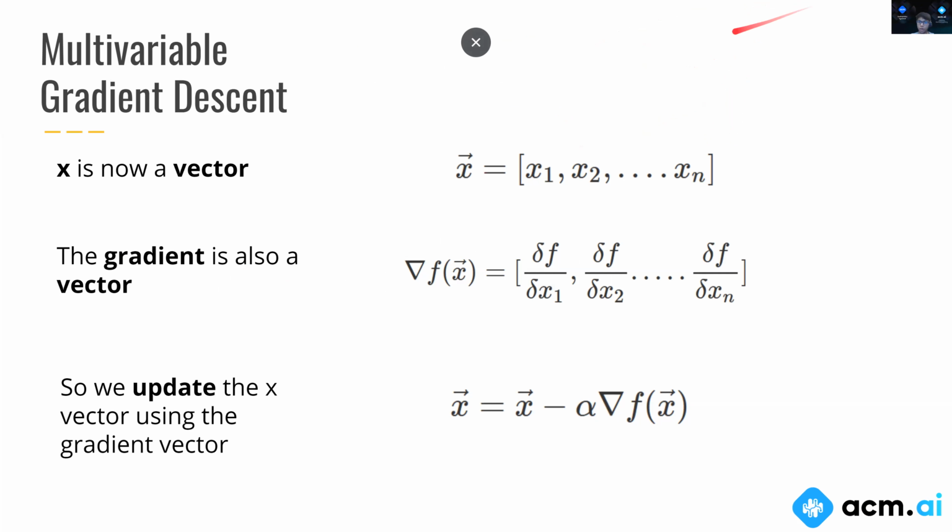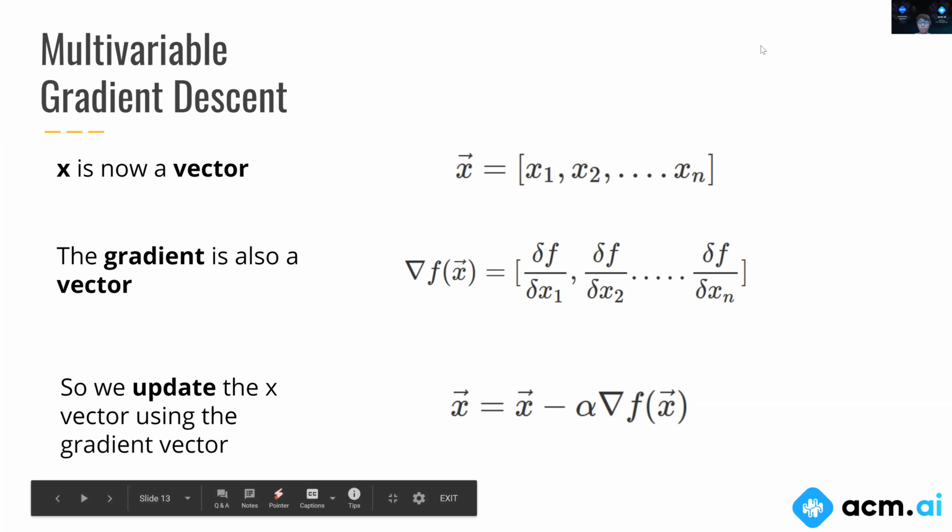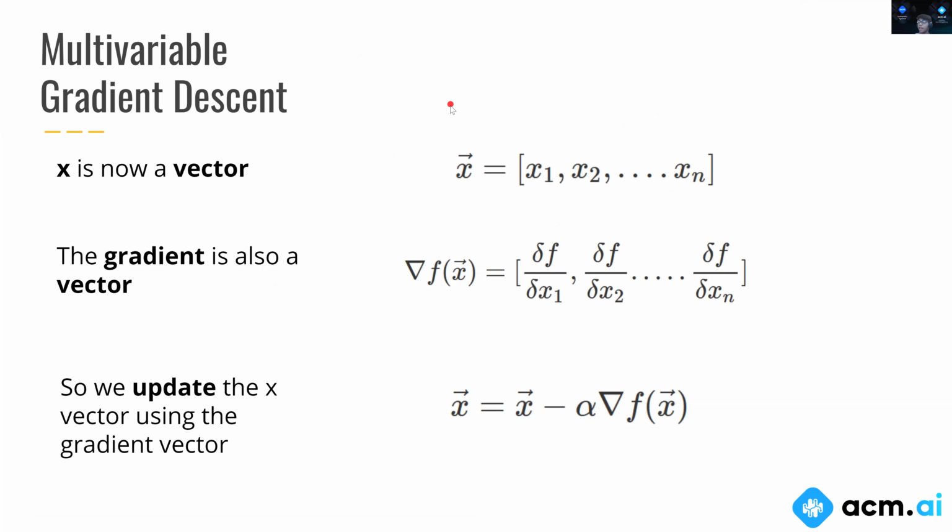Okay, so I have a question here. Is there a way to differentiate between a local and a global minimum? That's a really nice question, and the direct answer is no. There's no actual way. For a gradient, a local minimum is just the same as a global minimum. And the way we avoid falling into a local minimum is by changing this learning rate alpha.